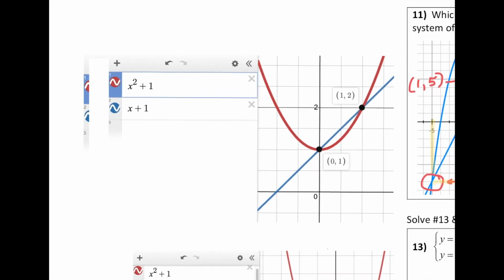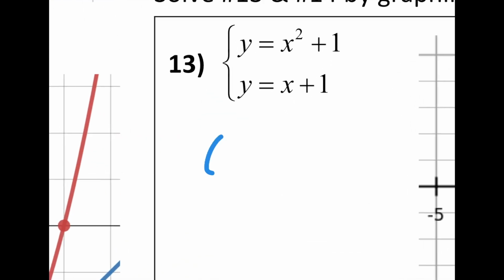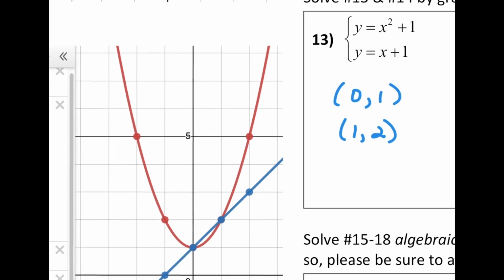You should see that your solutions would be 0, 1, and 1, 2. You can click right on the places where the graphs intersect and get those values. So I know that my solutions here should be 0, 1, and 1, comma 2, and I want to verify that graphically.